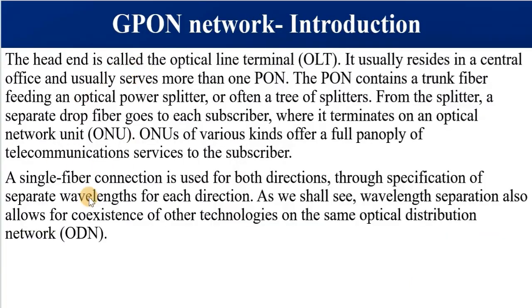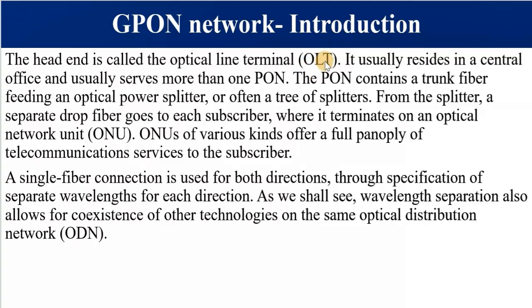We've got some network devices found on a Gpon network, and the first one we are going to look at is called an optical line terminal. It contains various types of cards, the control cards, the Gpon interface card.